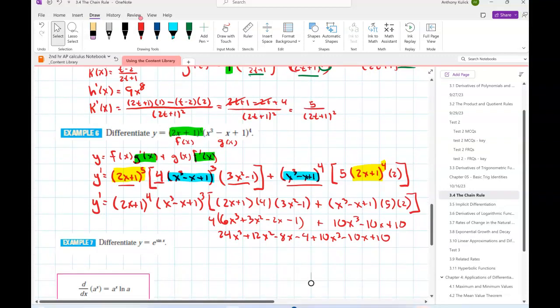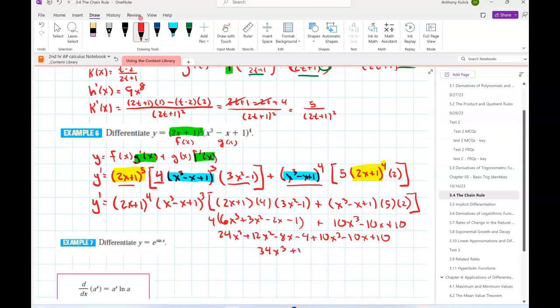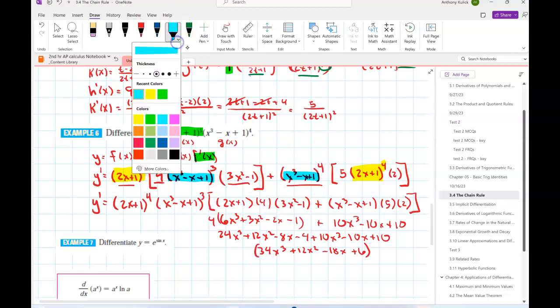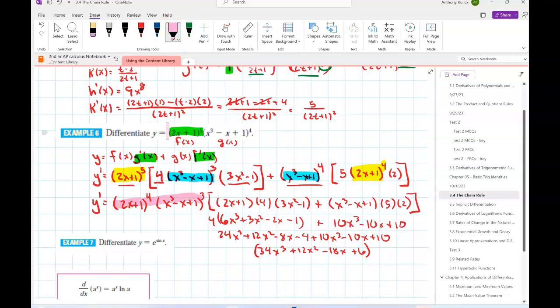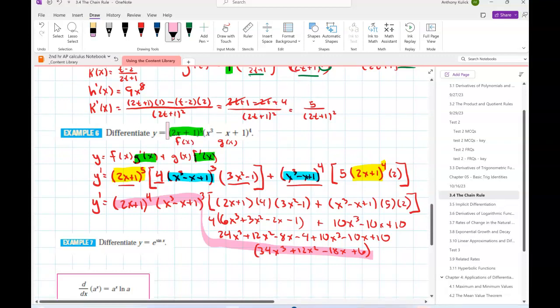So if I simplify this down, what do I have? I have 34x cubed plus 12x squared minus 18x plus 6. So my final answer I would write would be that. That would be my suspicion of what it would look like in the back of the book.